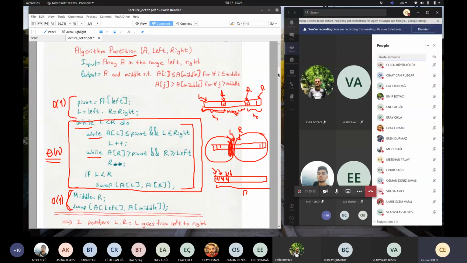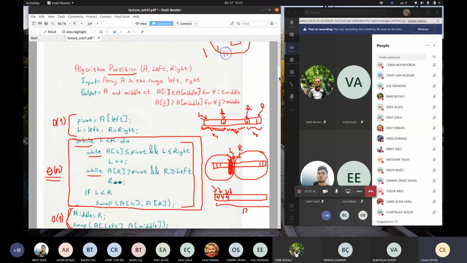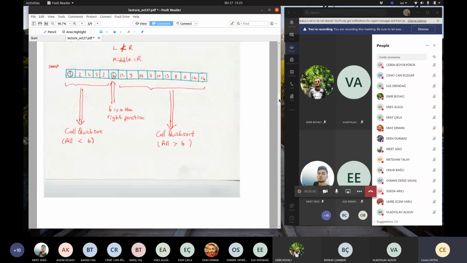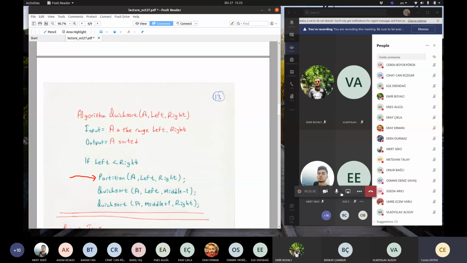Okay, let's continue. We have seen that the running time of the partition algorithm, this part was constant, the part in the red box was theta n, which means that the running time of the partition algorithm will be theta n overall. Now let's get back to the running time analysis of our quicksort algorithm.